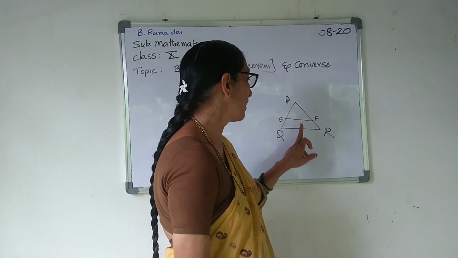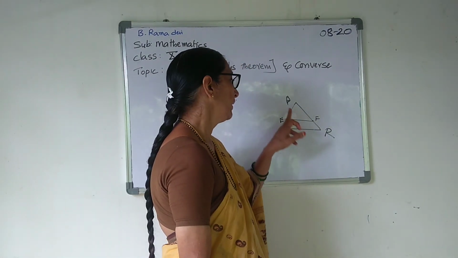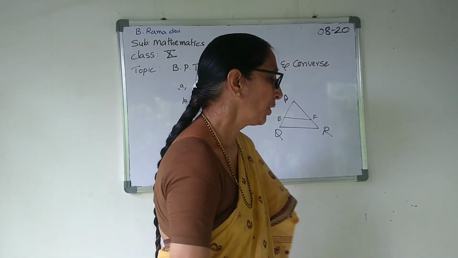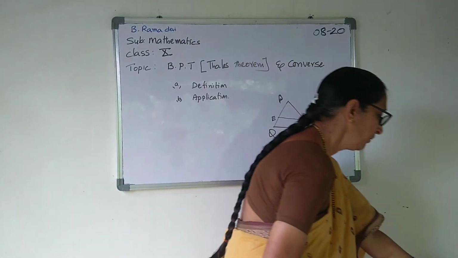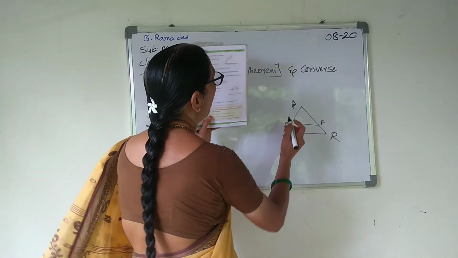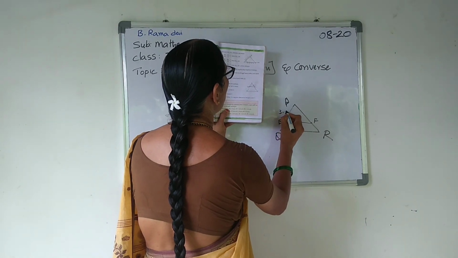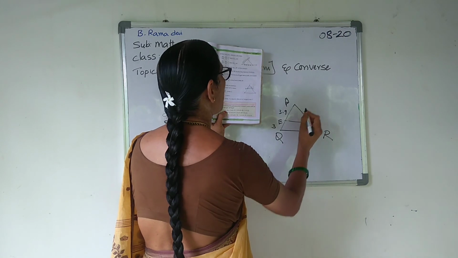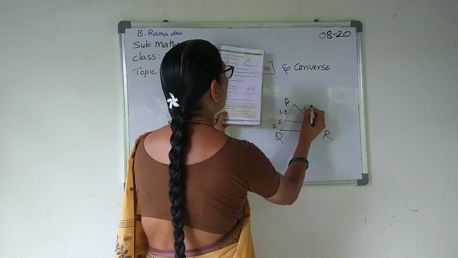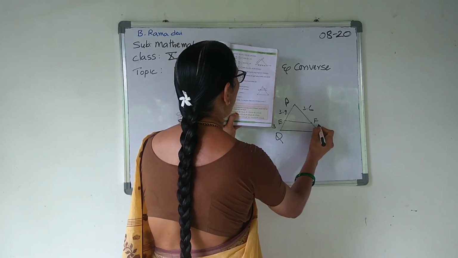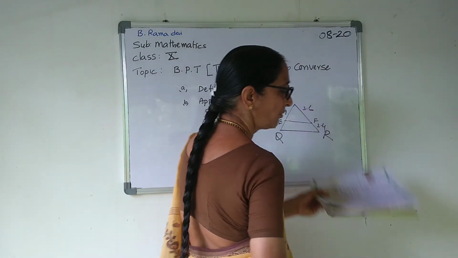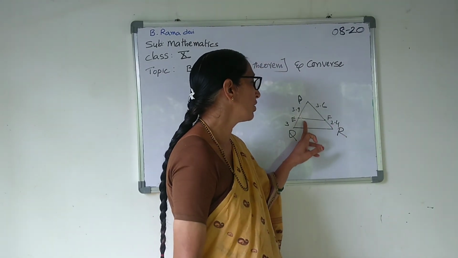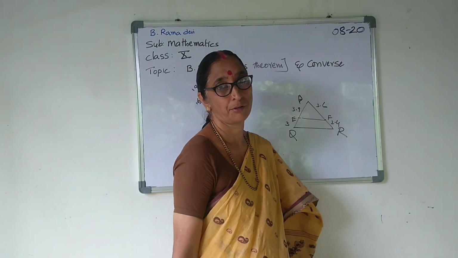If EF is parallel to QR, it divides the other two sides in the same ratio. Now we have to check. The first problem is PE is equal to 3.9, EQ is equal to 3 centimeters, PF is equal to 3.6 and FR is equal to 2.4. We have to check whether the ratios are same or not.